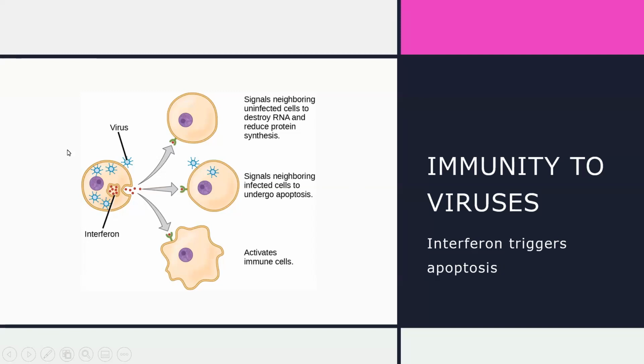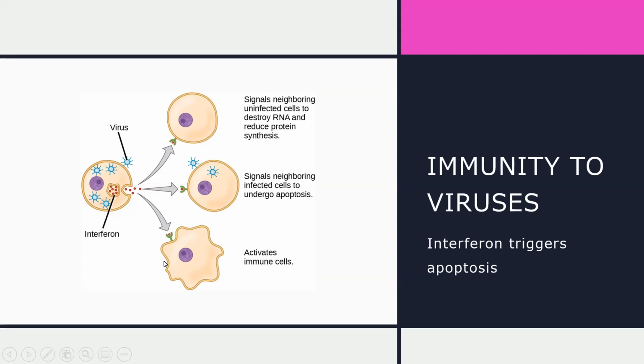Now, interferon is also going to signal nearby cells to undergo apoptosis, right? Some people call it apoptosis, but it's the same thing. Apoptosis is basically programmed cell death. And so interferon is going to tell neighboring cells to basically completely shut down.